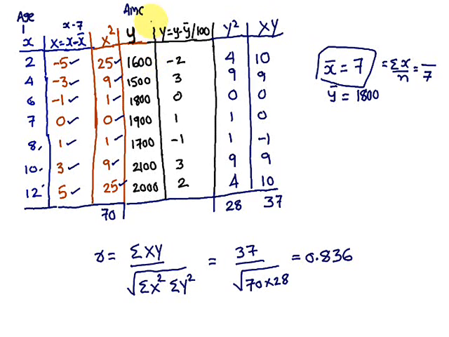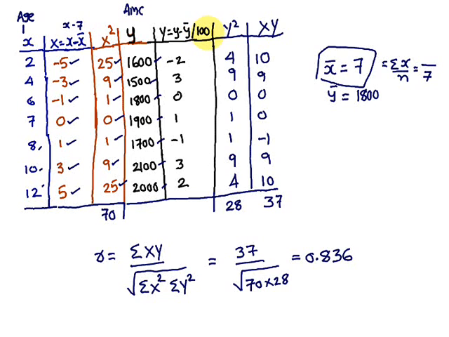These are the corresponding annual maintenance: for 2 years it is 1600, for 4 years it is 1500, for 6 years it is 1800, 1900, 1700, 2100, 2000.